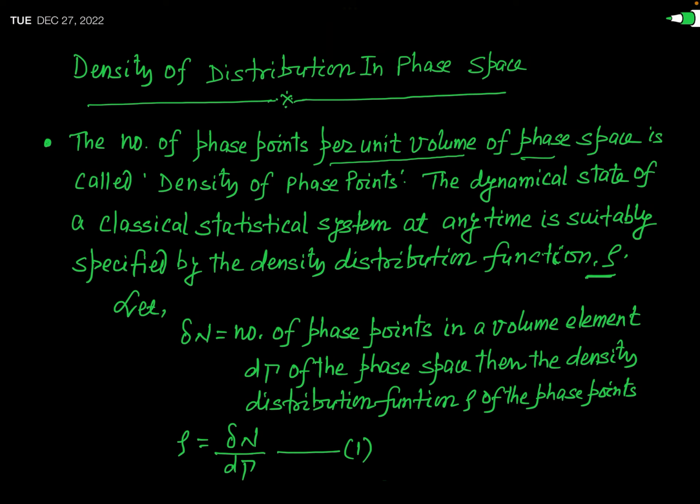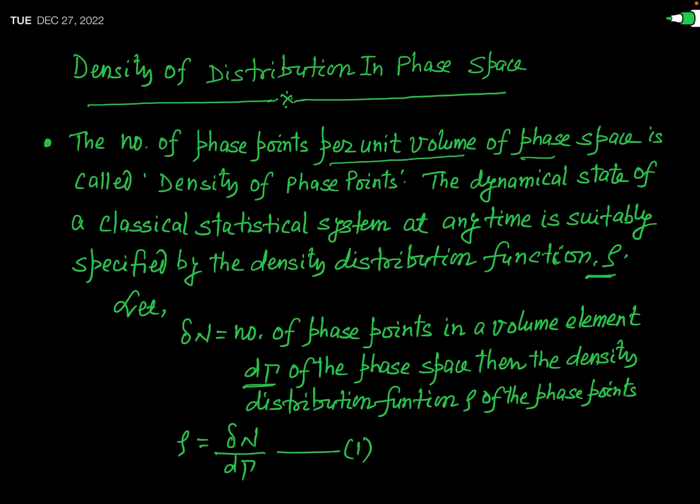Now let us consider that there is a volume d gamma in phase space. When you say there is a volume d gamma of phase space, that is also called the hypervolume in phase space.